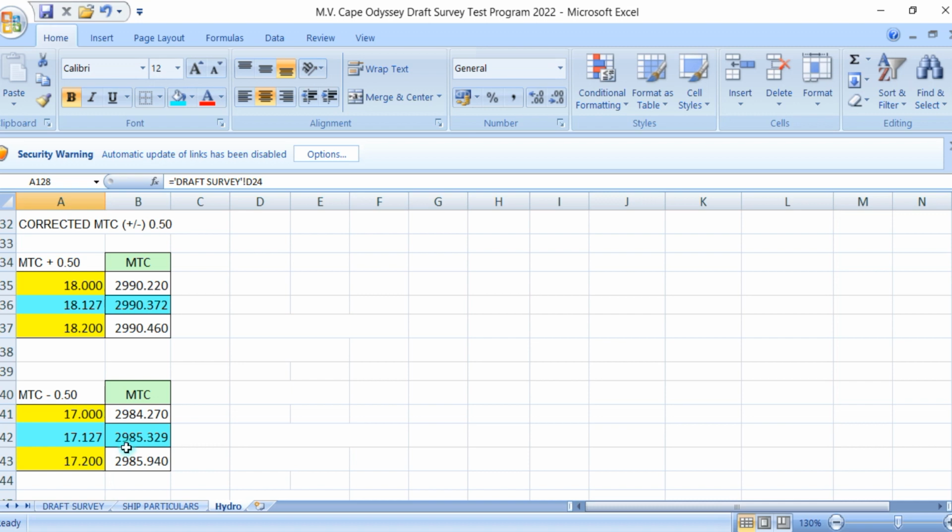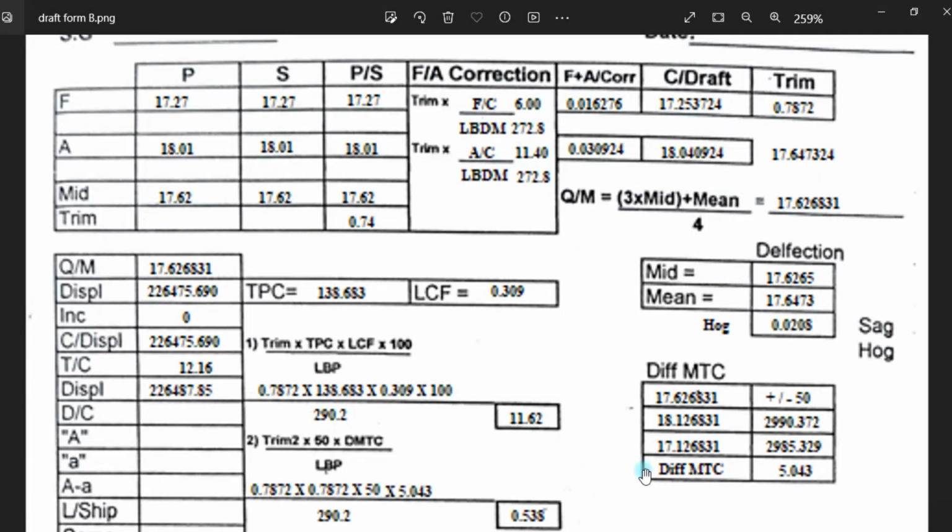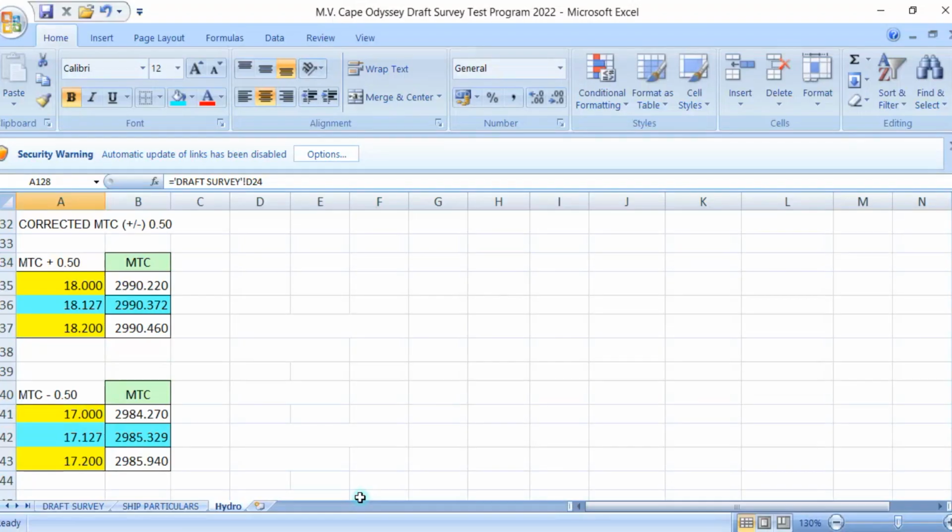The value of MTC will be 298.5329. It will be this one.